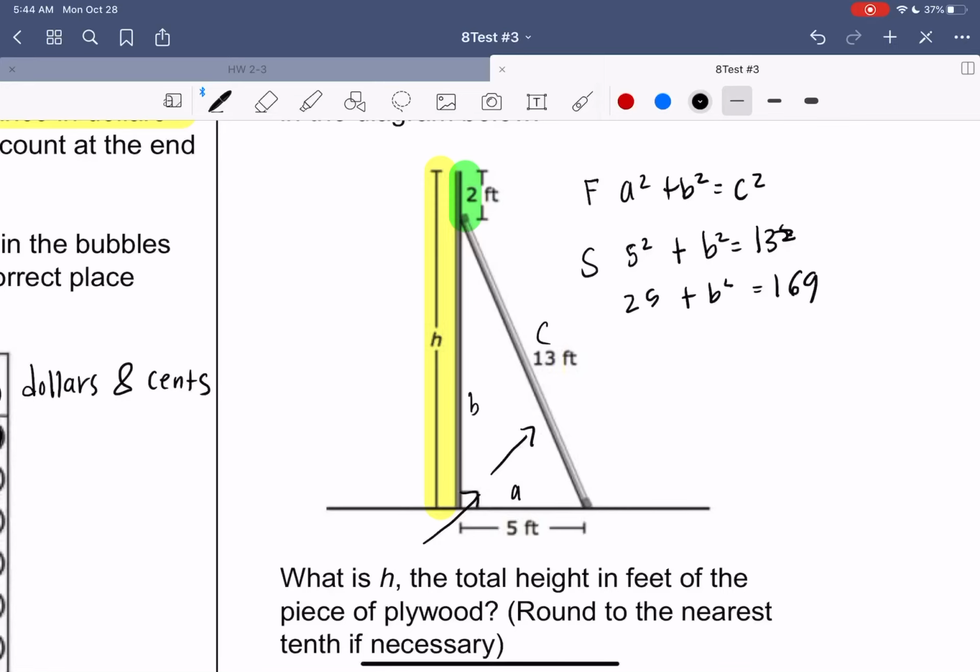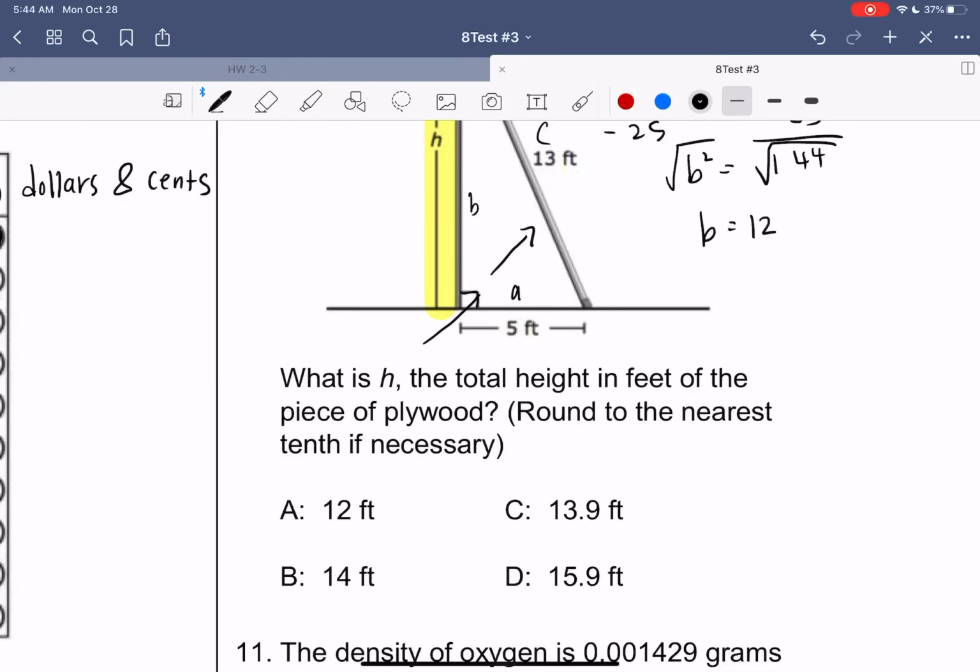Then we subtract 25 from both sides, and we have 144 equals b squared. We take the square root of both sides, so b equals 12.